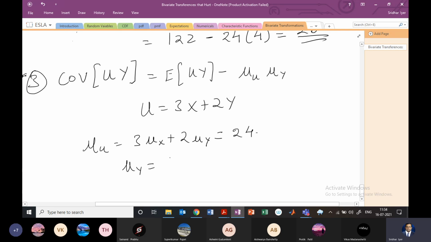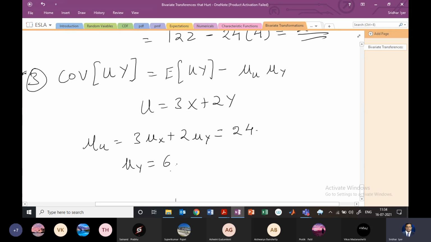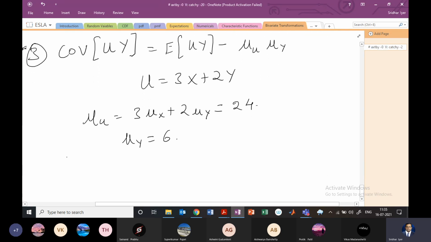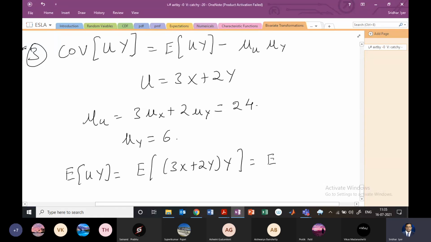Mu y is already given, which is 6. Now we need to find E of uy, which will be E of 3x plus 2y into y, which will be E of 3xy plus 2y square.